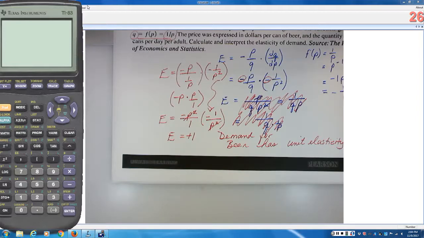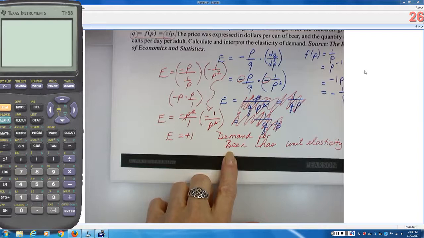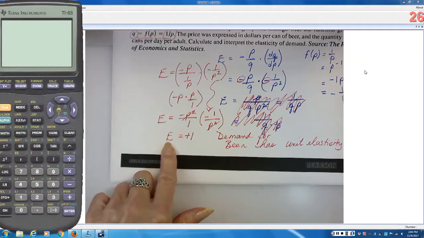They're going to kind of wipe each other out. Ultimately what this means is that revenue is going to remain pretty consistent because the demand doesn't change much based on price.